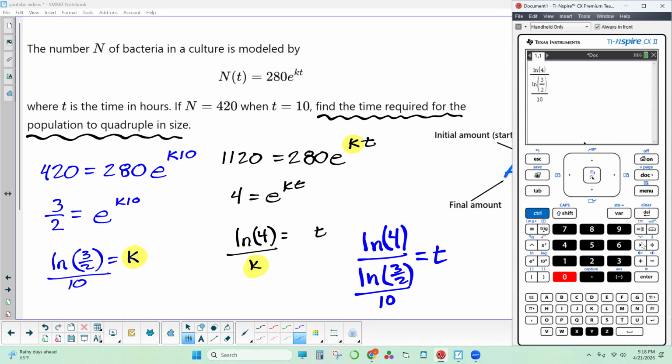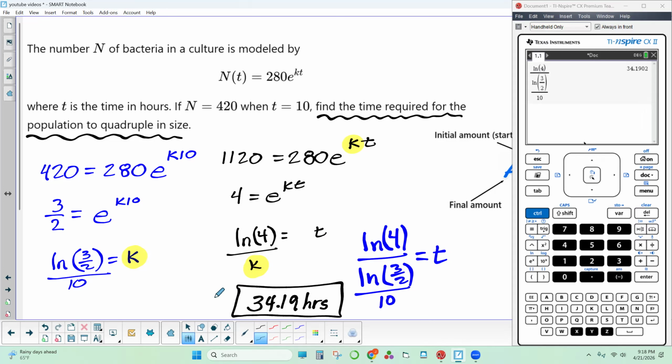All right, looks good, and we are looking at 34.19 hours in order to quadruple the population of bacteria. Notice time is in hours in this problem, and there is our answer rounded to the hundredth place.